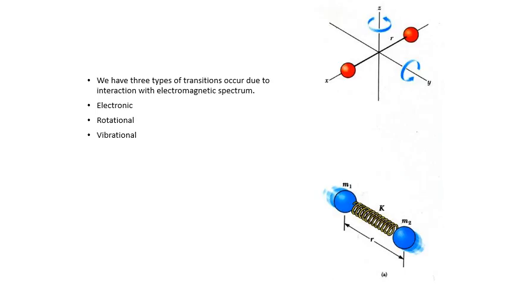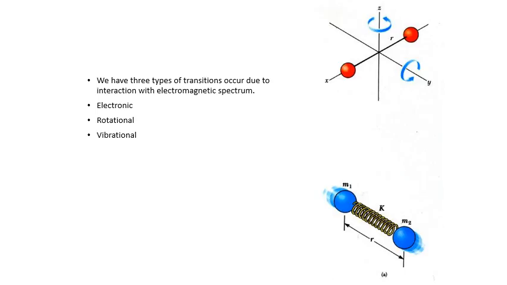Whenever we strike radiations, electrons of these atoms give electronic spectra. Rotational and vibrational spectra are due to molecular behavior.